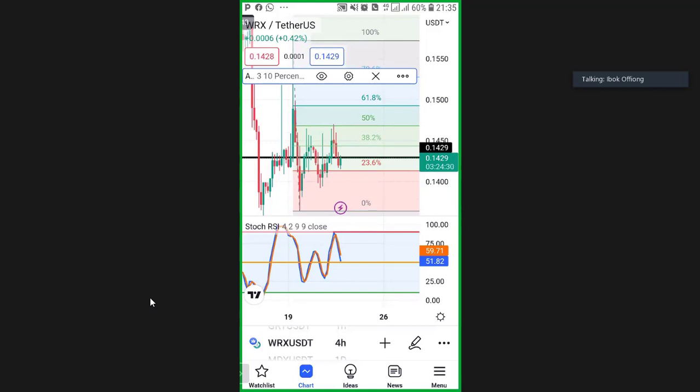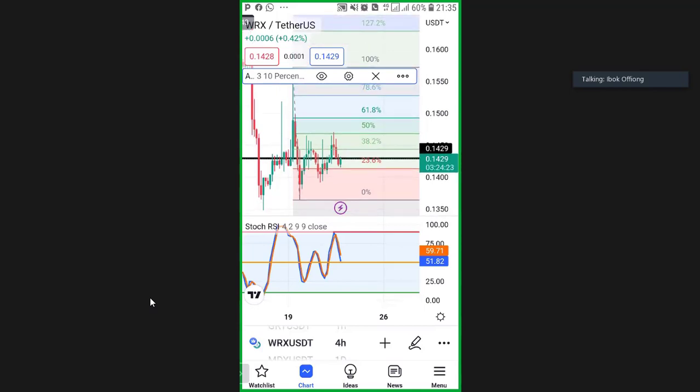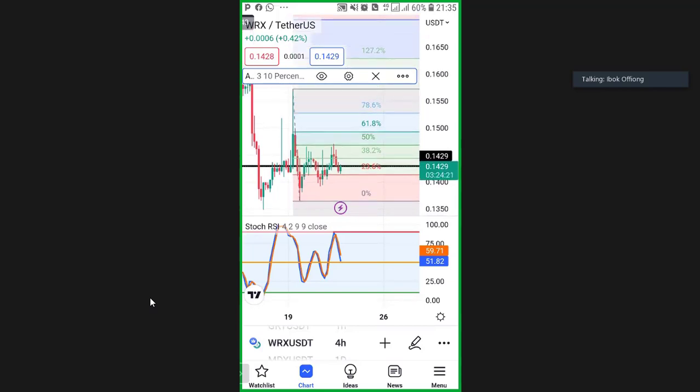But I prefer trading on these time frames: 1 hour, 4 hour, 1 day. If you're picking a trade now, this is an uptrend. This is a downtrend. Sometimes you find out that an uptrend will not change to a downtrend. That's why it's very important for you to pick a coin at that area I just showed you, guys, so that regardless of how the market will behave, you are still safe.